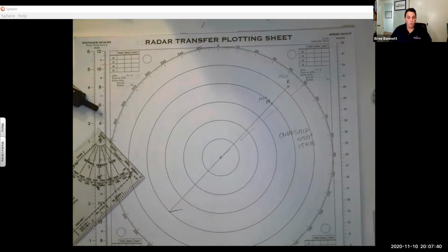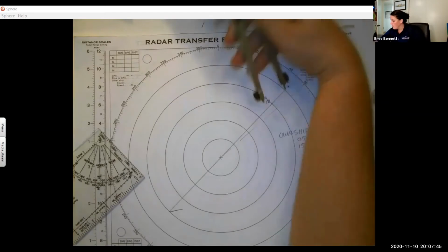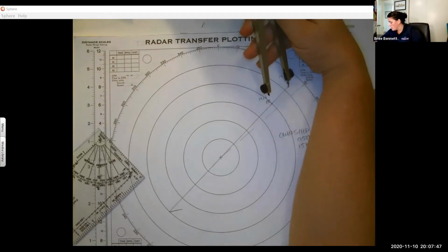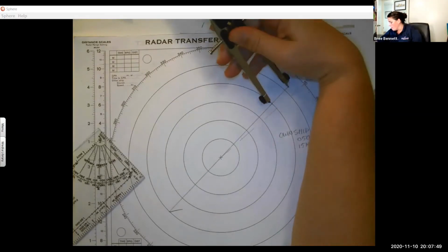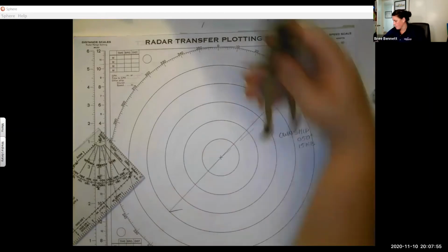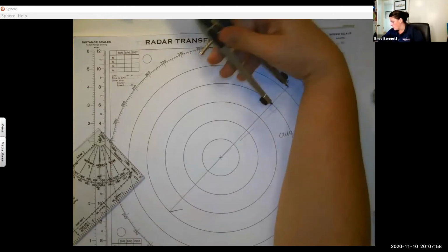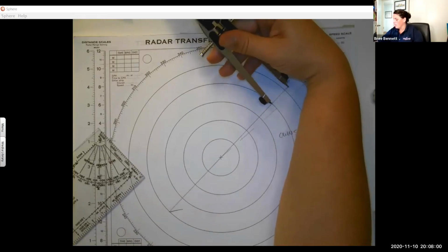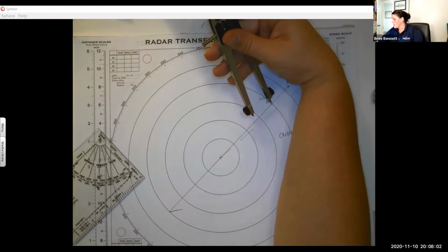Then they asked what our time of CPA is. So our relative motion speed, last week, we did a lot of what is the relative motion direction and speed. So you just get the direction, the speed, whatever this is in 6 minutes.